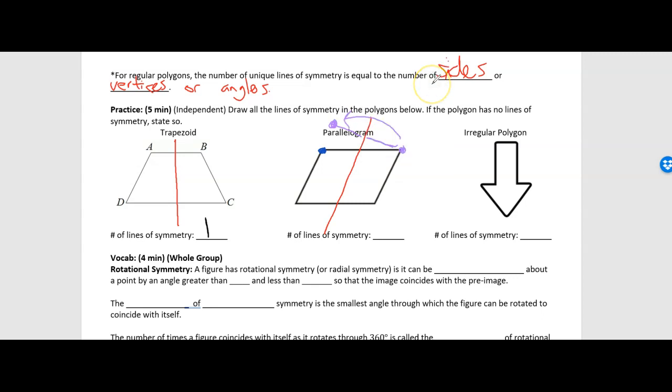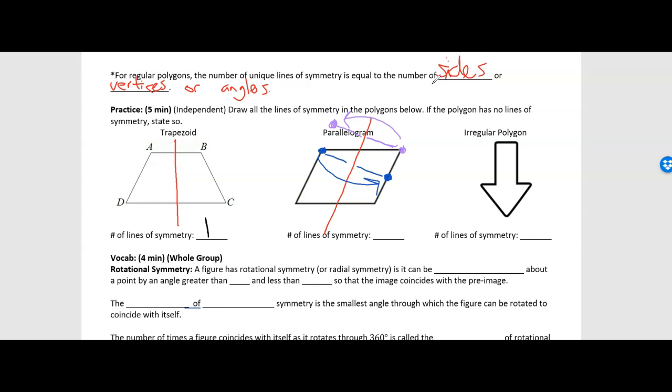The blue would reflect somewhere here. So the corresponding points don't actually reflect onto one another, which means the parallelogram does not have any lines of symmetry.